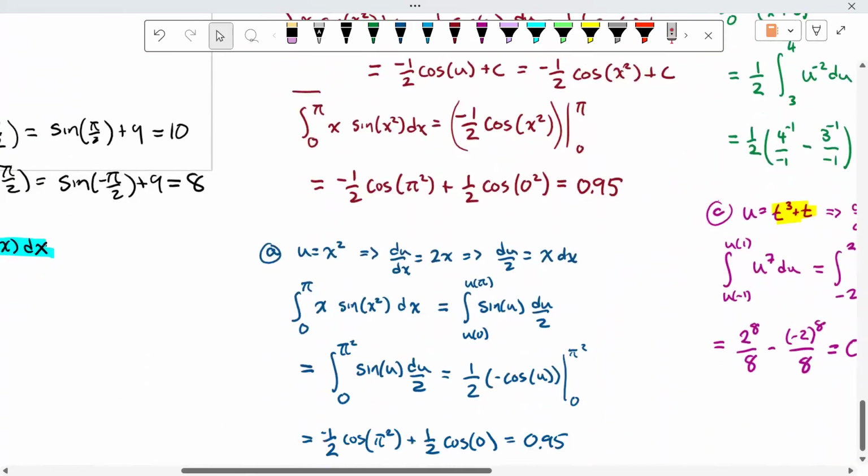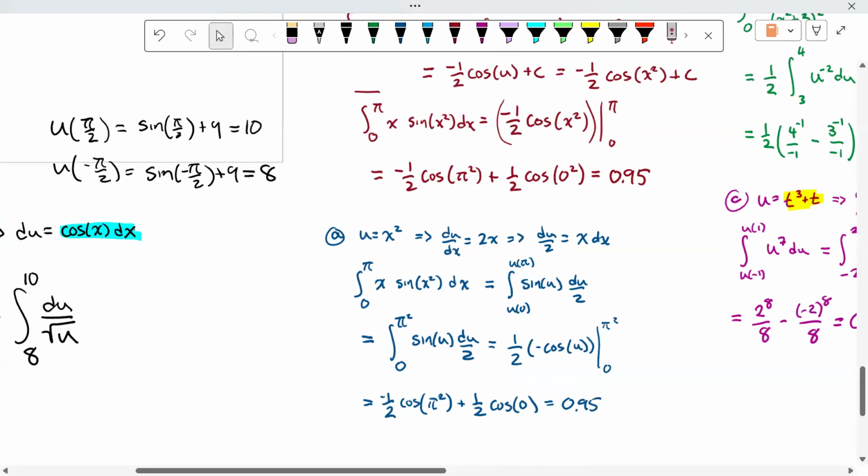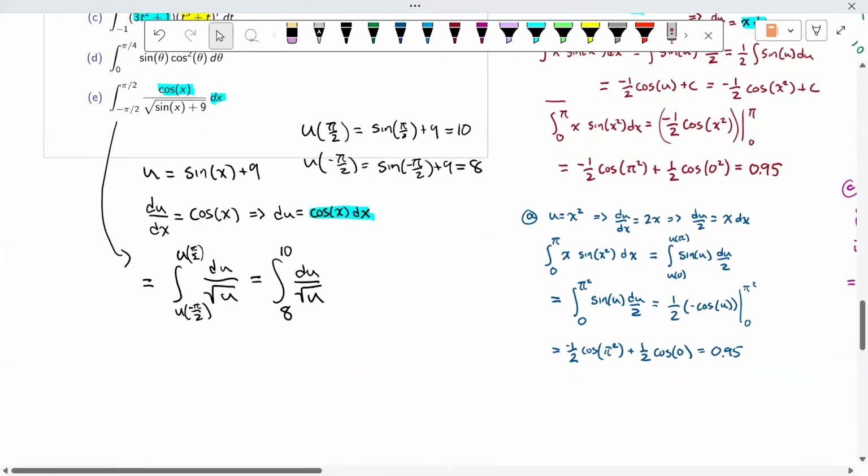And then the other approach to part A, I do here where I change the bounds from 0 to pi to u of 0 to u of pi. So if you're looking for a reference for how to solve the same problem two different ways, take a look at that. That's why they're both part A there.